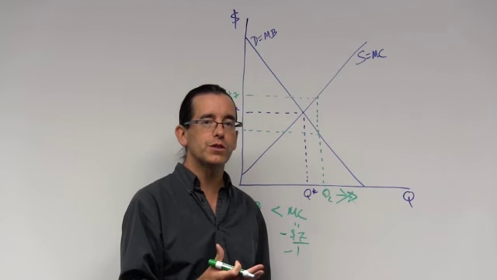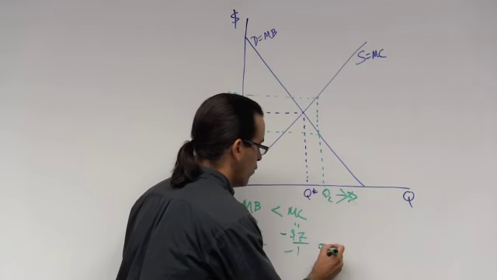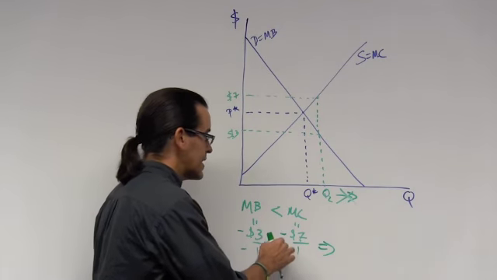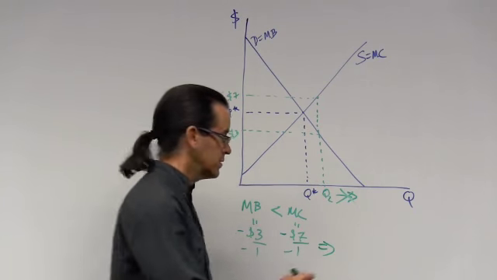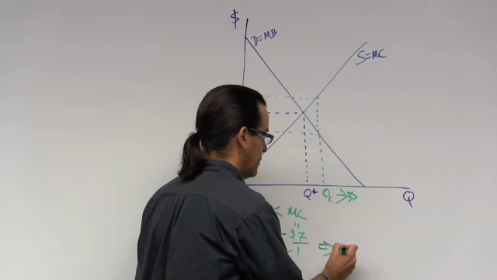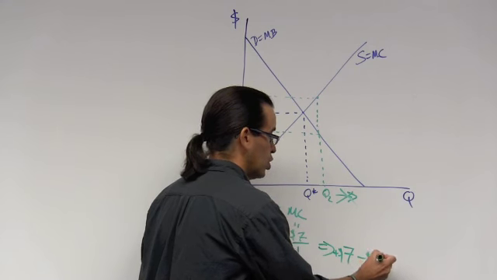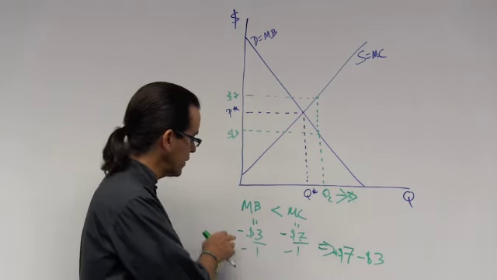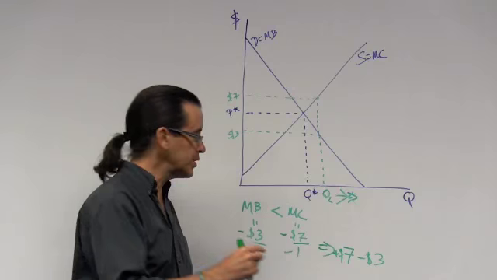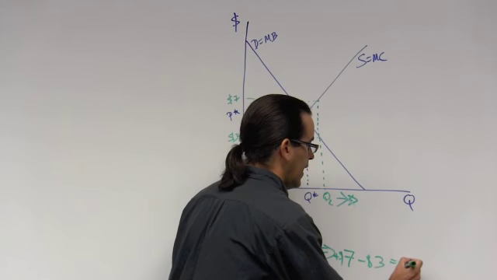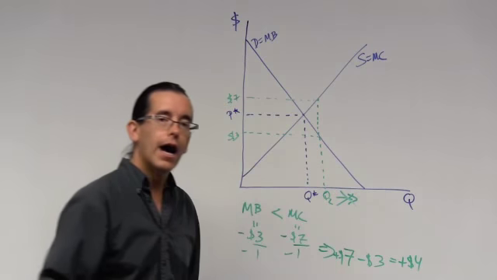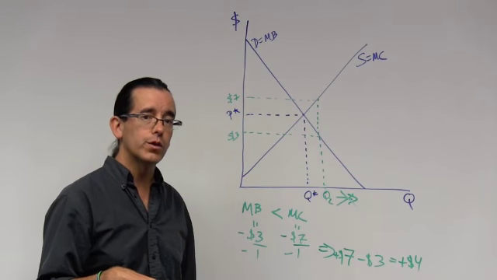We're not having to expend resources. So what's the result of that? Well, we're saving $7. We've got plus $7. We're losing $3 in terms of the lost benefit from reducing our consumption. And that's going to give us a net benefit of $4.